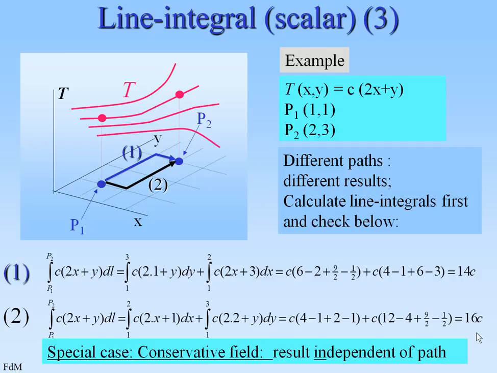And that is in general. When the result turns out to be independent of the path, we talk about conservative fields.